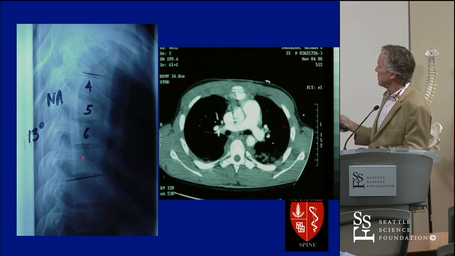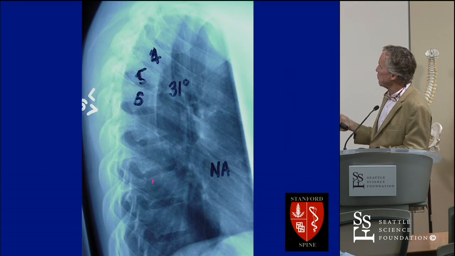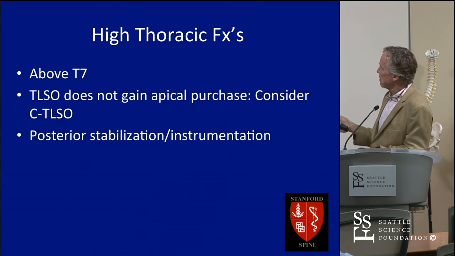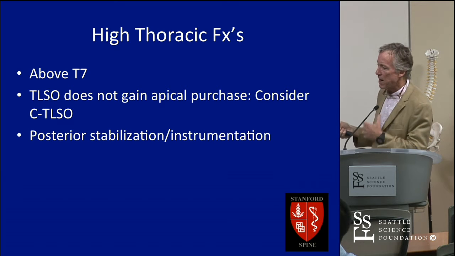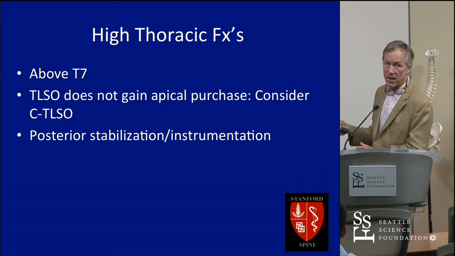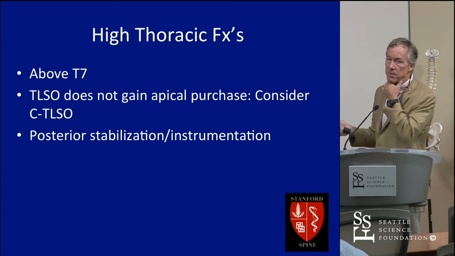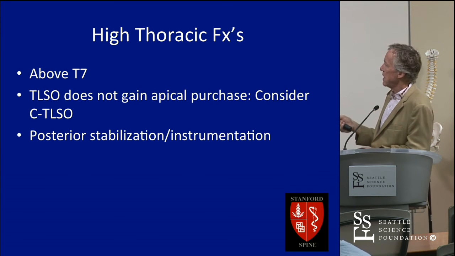So it converts it into something much more dramatic within a couple days of actual disruption of the ligaments posteriorly without that strong anterior support. So high thoracic fractures can be difficult, especially if they're up above T7, because a brace or a corset doesn't control that very well. And you will oftentimes, if you do feel that you're going to treat this in some sort of orthosis, need to extend up into the cervical or even the head at times.